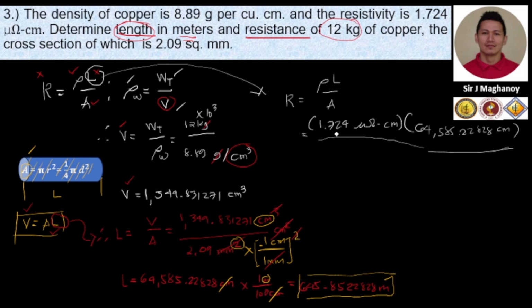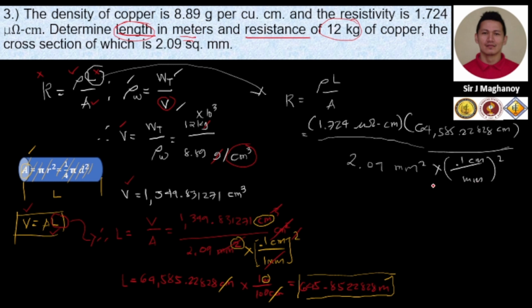How about our cross-sectional area? It is 2.09 square millimeter. So what do we do? We simply convert the denominator side, the millimeter. In every millimeter, there is 0.1 centimeter. Of course, our unit here is squared, so we square our denominator also. So let's check and eliminate common units.